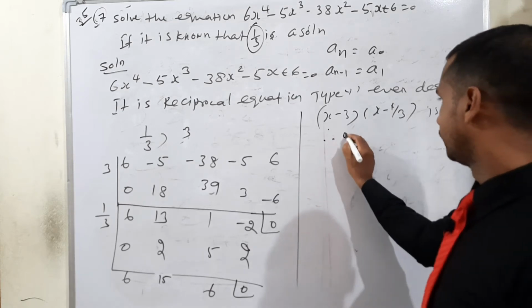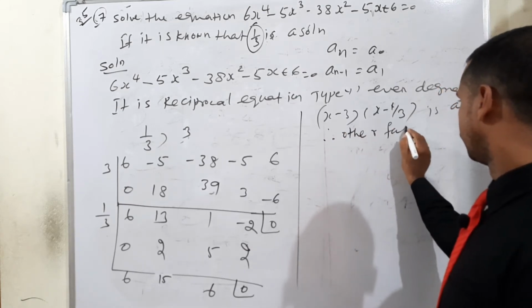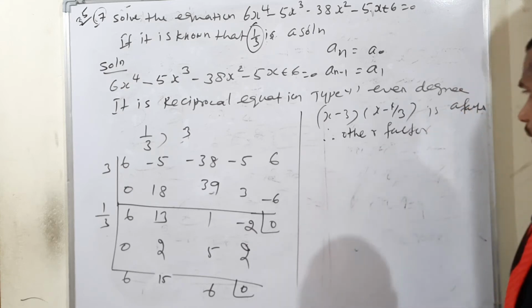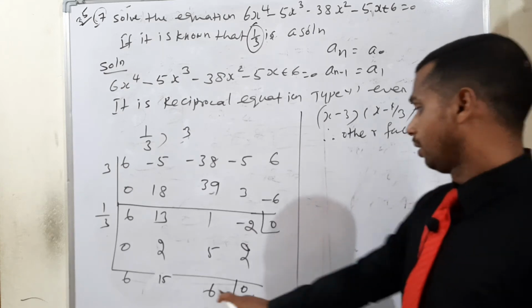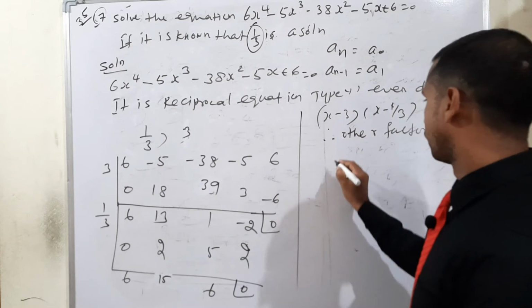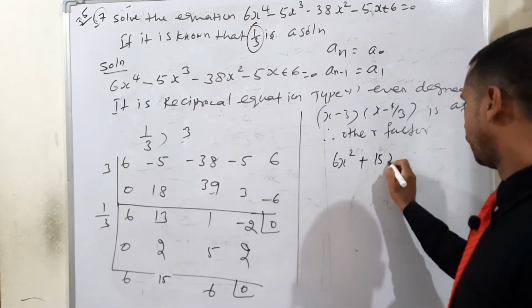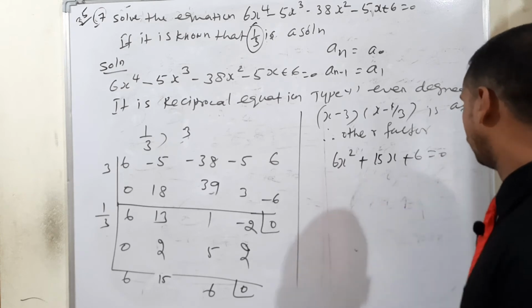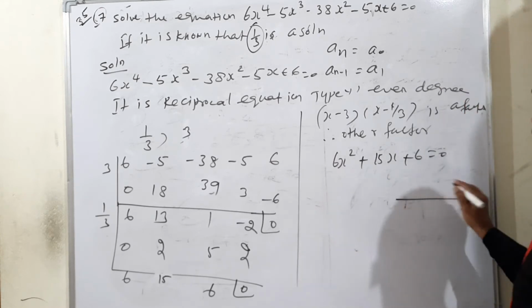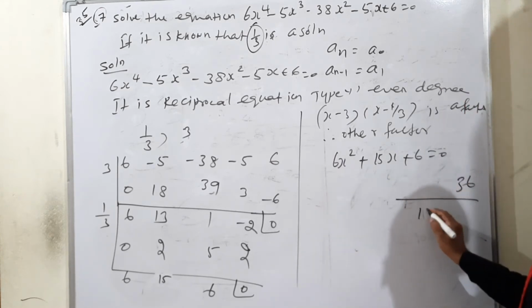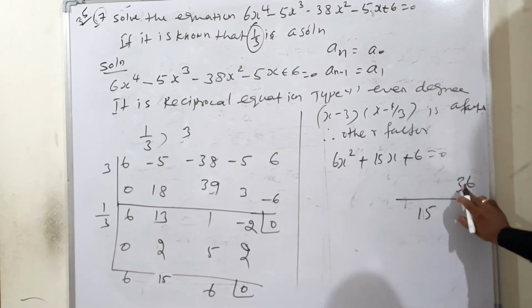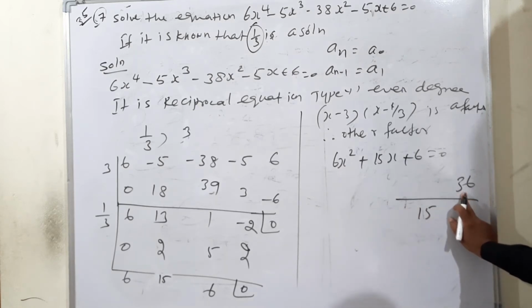Therefore the other factor is a quadratic: 6x square plus 15x plus 6 is equal to 0. So sum product rule means product is positive 36, sum is positive 15. Already I told you, selected product positive sign means both signs will be equal, whether positive or negative.